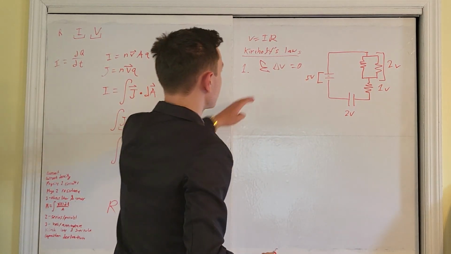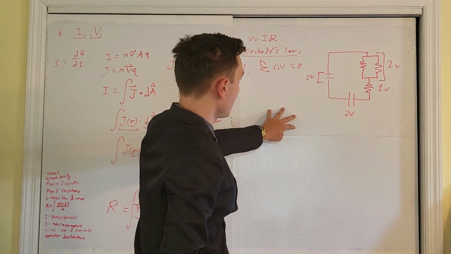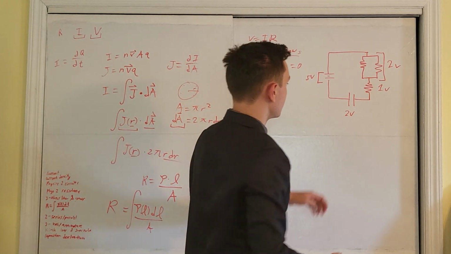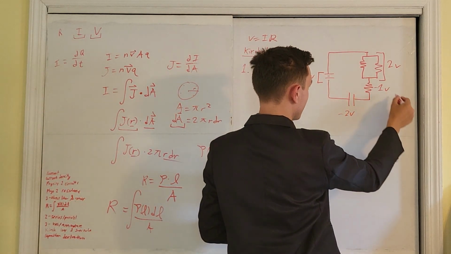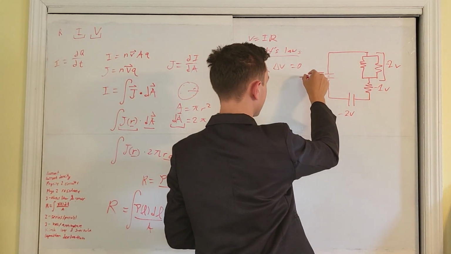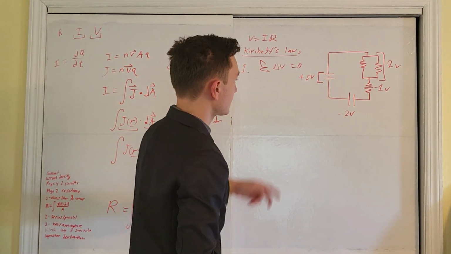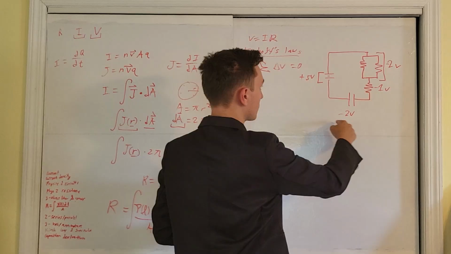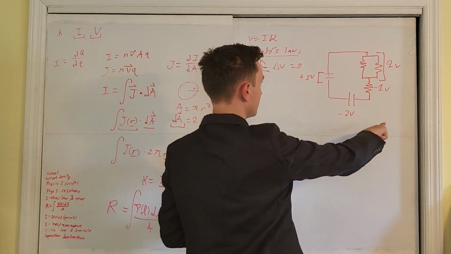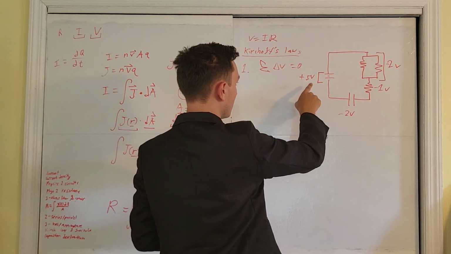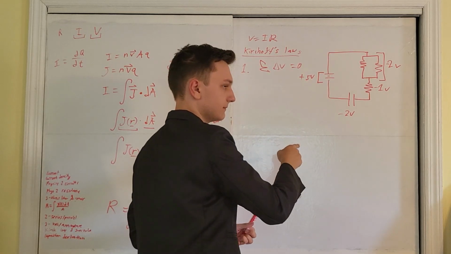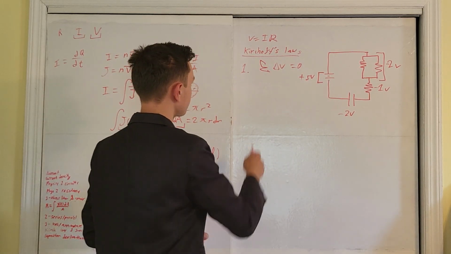Okay? This law states that this is a drop in 2 volts, this is a drop in 1 volt, this is a drop in 2 volts, and this is a gain. It states that the voltage drops across the entirety of the circuit must equal the voltage gain of the battery. That's what it means. Okay?